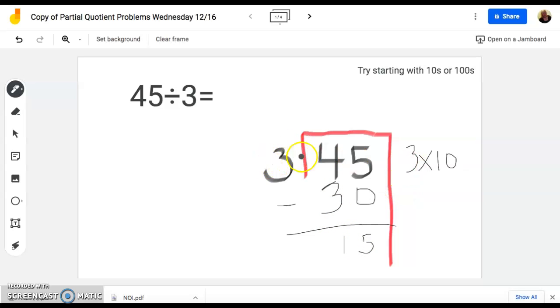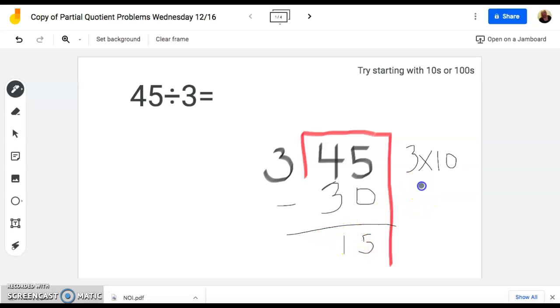So now if you do another 10, it's going to be 30 again. You can't do that because you only have 15 left. So thinking about how many 3's go into 15, I can think to myself, 3 times 5 equals 15.